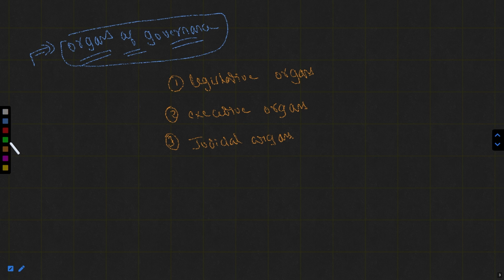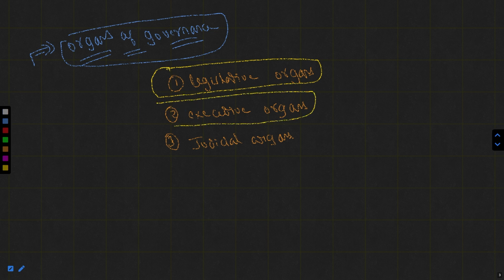We know that the legislative organs are responsible for using the provisions to make the rules and regulations. The executive organs implement those rules and regulations which have been drafted by the legislative organs, and the judicial organs have the responsibility to check the validity of executive actions and even the validity of rules and regulations provided by the legislative as per the Constitution of India.